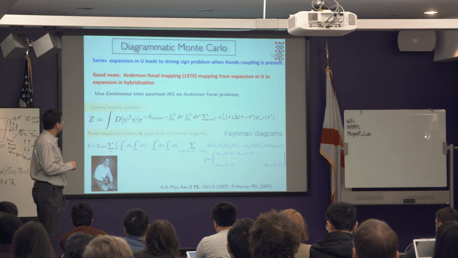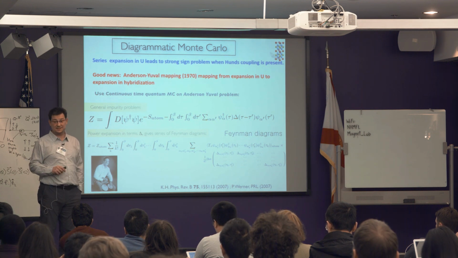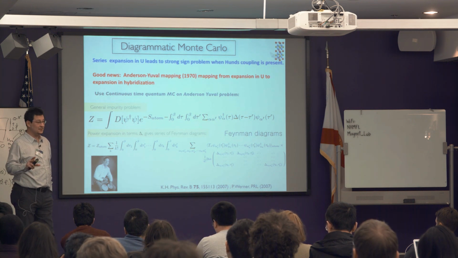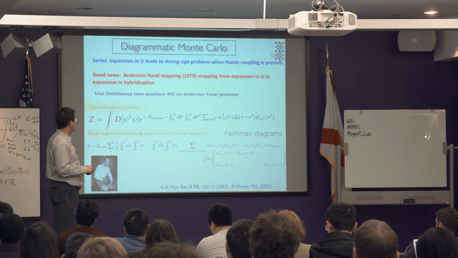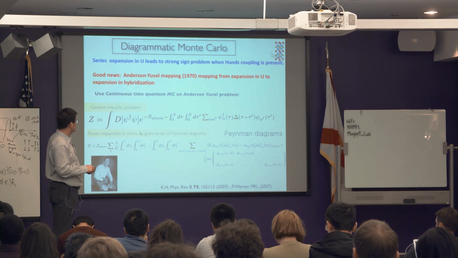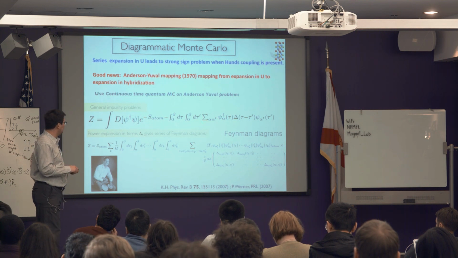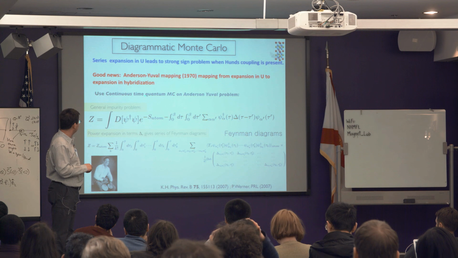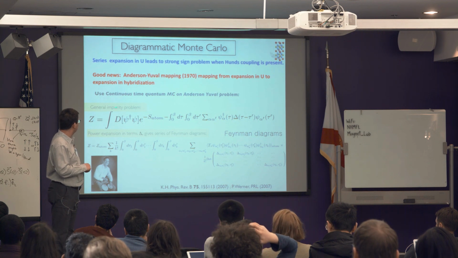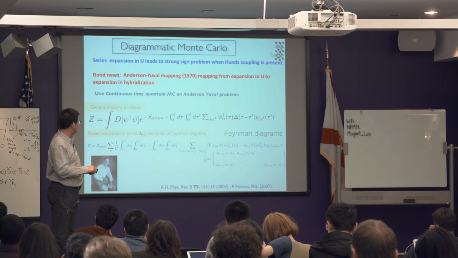This strong coupling expansion was actually invented by Anderson and Yuval in the 1960s. They wrote down and solved within certain limits the so-called hybridization expansion. Numerically, this was then done by continuous time quantum Monte Carlo. Basically, the idea is very simple.